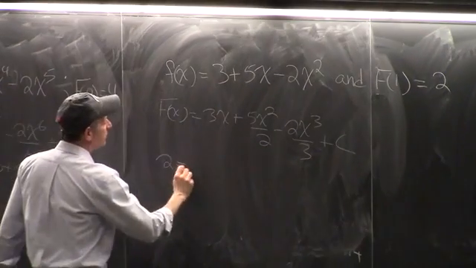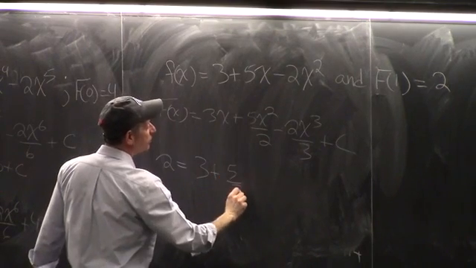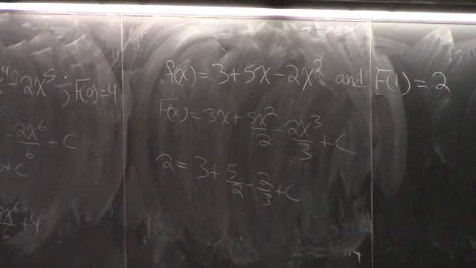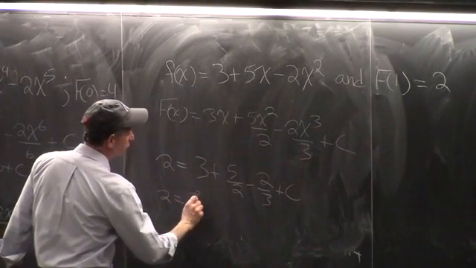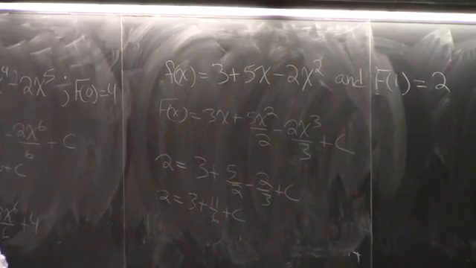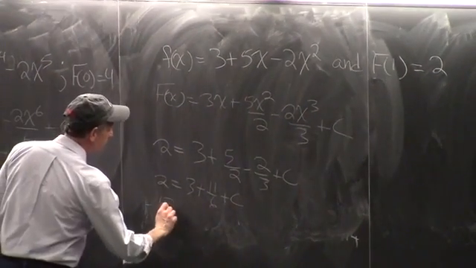So 2 equals 3 times 1 plus 5 times 1 over 2. Well, that's a fairly sadistic pair of fractions, but I think we can do that. So you get 2 equals 3 plus 11/6 plus c. So you get negative 17/6.